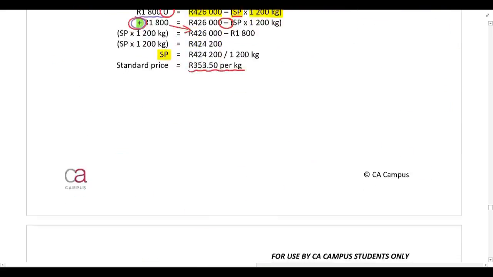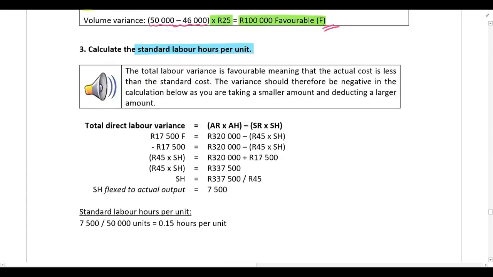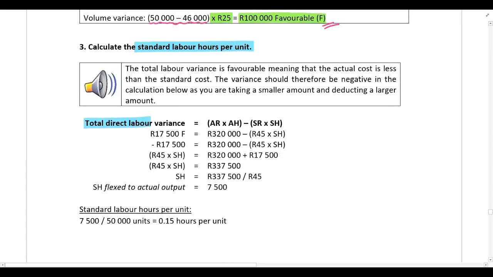All right, so first write out the formula for the total direct labor variance. Remember, the standard hours over here are always flexed to actual production. Then we can fill in all of the information that we have. We were given the variance in the question, and it's 17,500 Rand favorable.